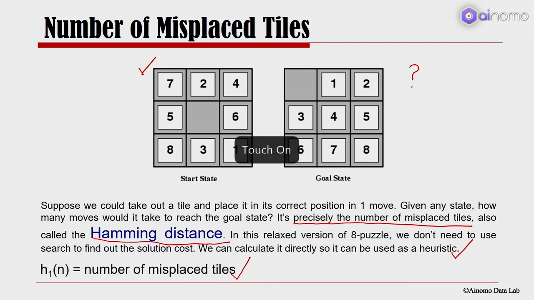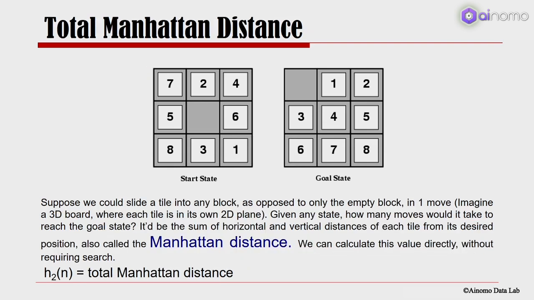The other heuristic that we were talking of is where I assume in a relaxed state that each tile can move in its 2D plane, and these 2D planes are stacked one above another to make the whole problem. So 7 can move from its current position up there, come down to this level and then move here onto this level.